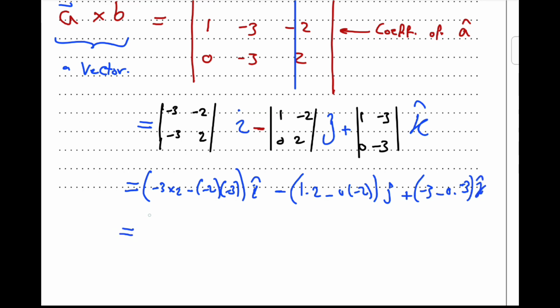And then the answer will be -6 minus 6, so that will be -12i, and here 1 times 2, so 2 minus 0 is just 2, so -2j, and here the 0 cancels out, and then -3k.